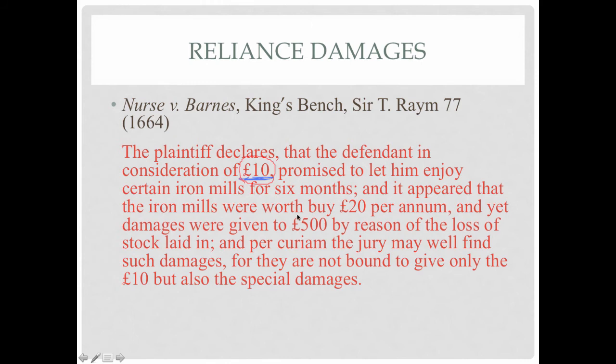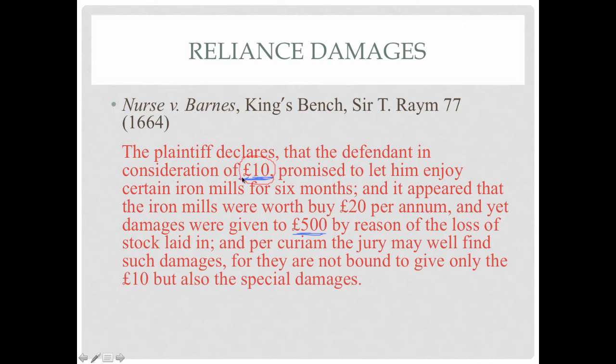for the iron mill. In contrast, the £500, or up to £500, it looks from the case that it is probably as much as £490, because it's additional damages. Damages were given to £500.